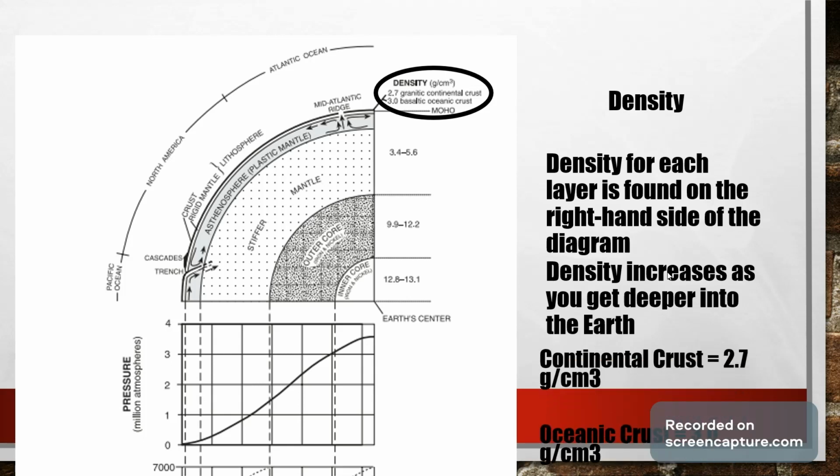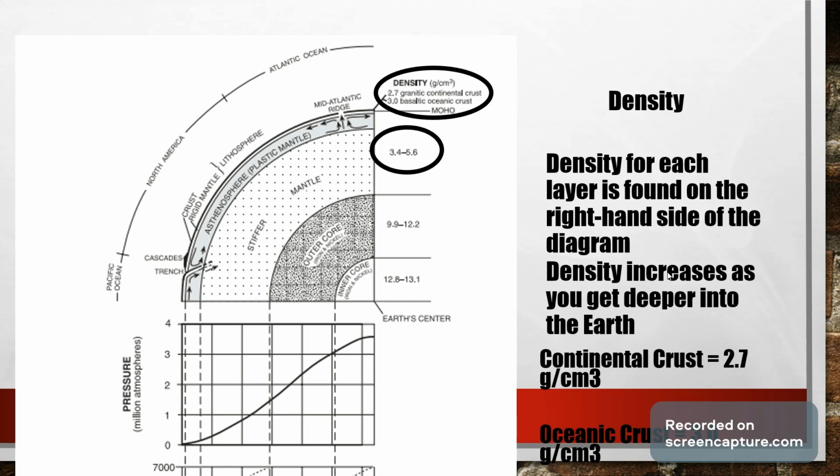Now, we have 2.7 grams per cubic centimeter for our continental crust and 3.0 grams per cubic centimeter for our oceanic crust. This means that the ocean crust, the crust that sits below the ocean, is a bit denser than the crust we are currently walking on here in Fairport on the continent of North America.